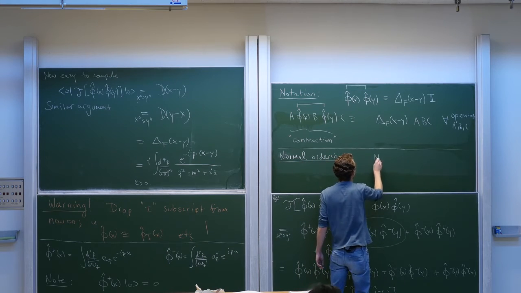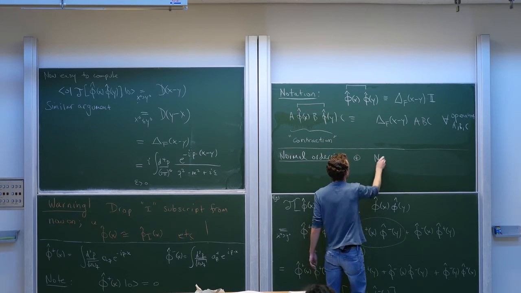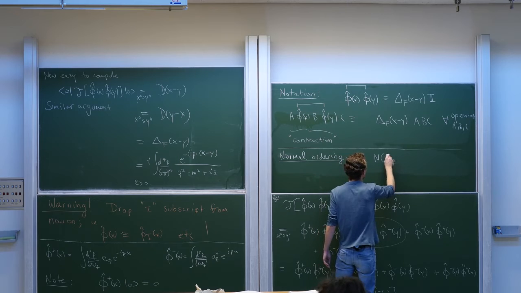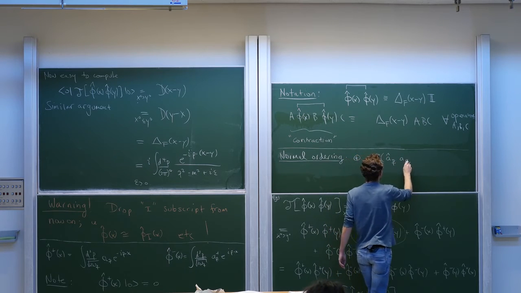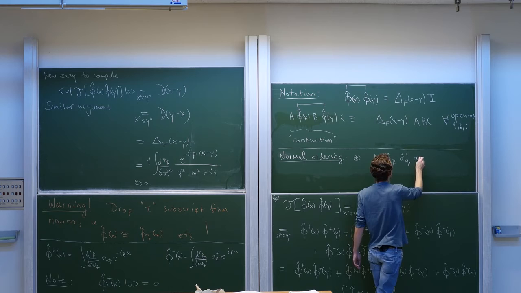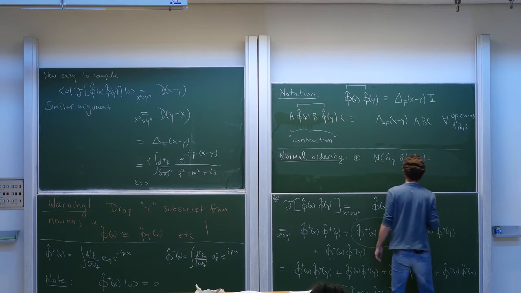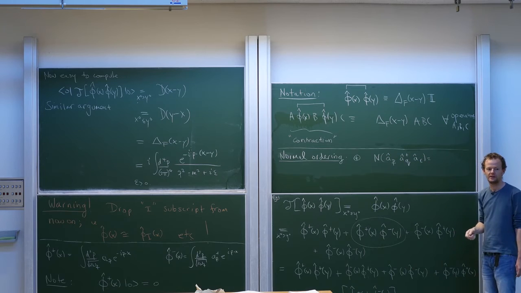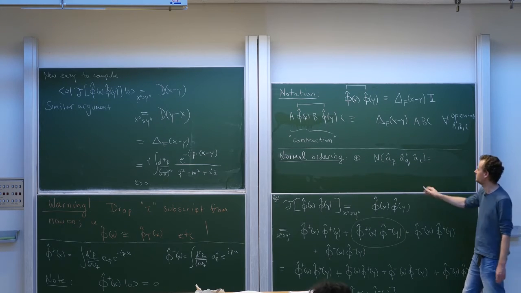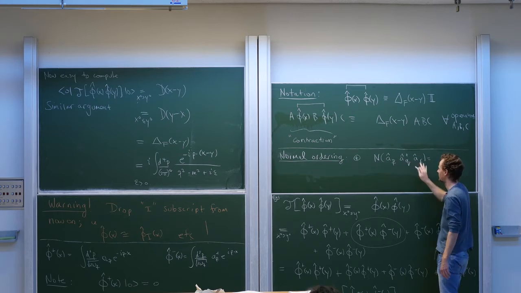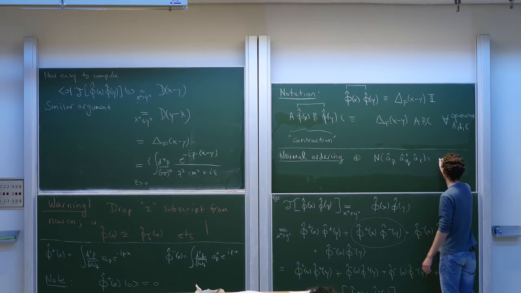So, example 1. Normal ordering puts everything with a dagger to the left and everything without a dagger to the right. So that's going to be a_q dagger, a_p, a_r.